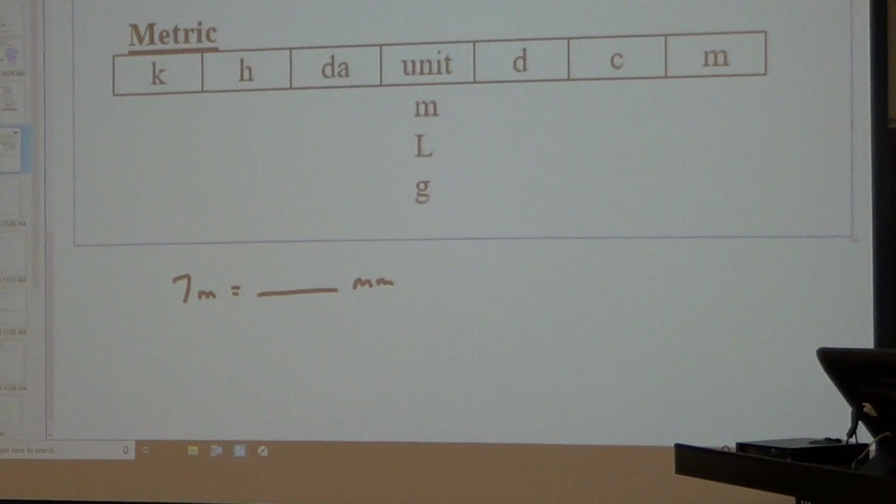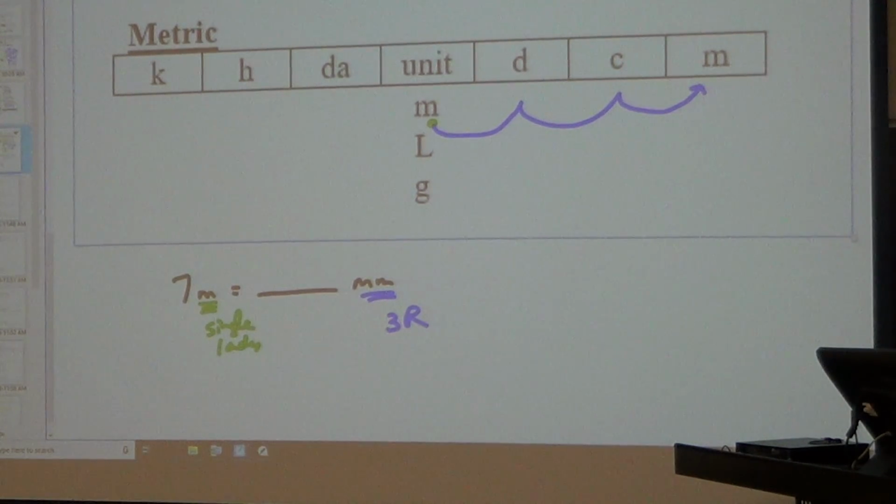Which is where in the chart? Meter is a single lady. It's a single letter, so we are starting here. And I am headed which way? To the right. How many? 1, 2, 3 to the right.